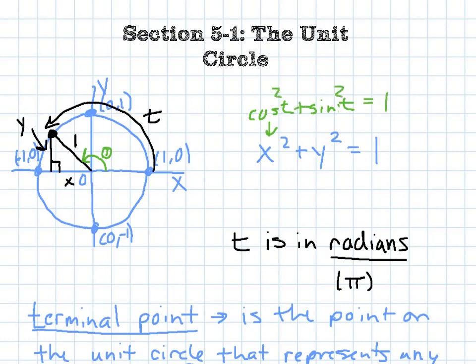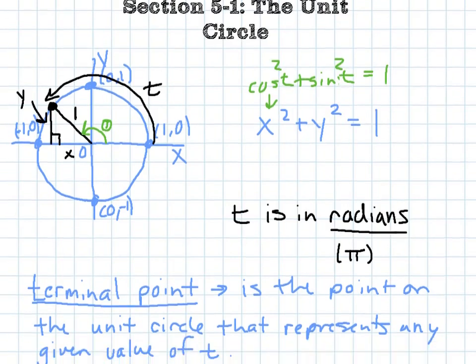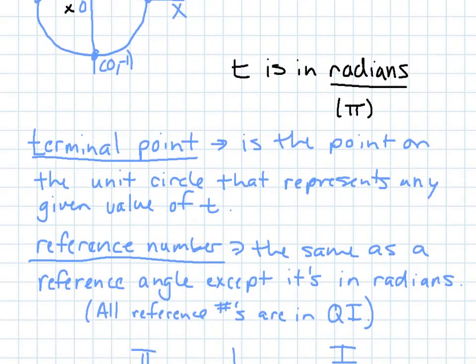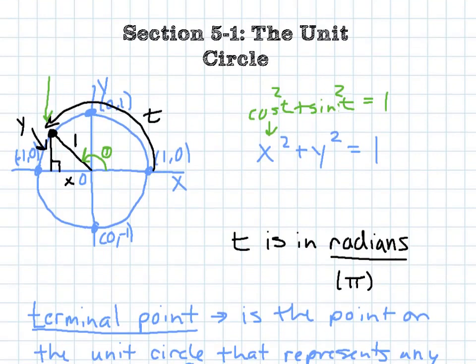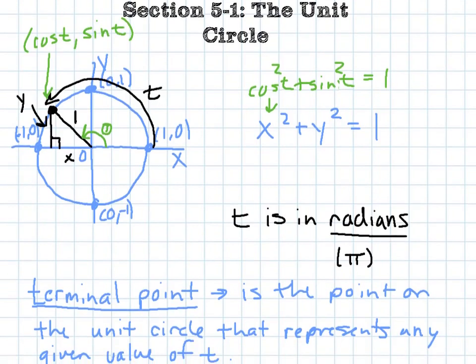Okay, so there are two vocab words that we'll talk about: terminal point and reference number. Terminal point is the point on the unit circle that represents any given value of t. So when I draw this angle of t on this sample one, this point that occurs is called my terminal point. That gives me a value, cosine of t, comma sine of t, and that is how we find the terminal point.